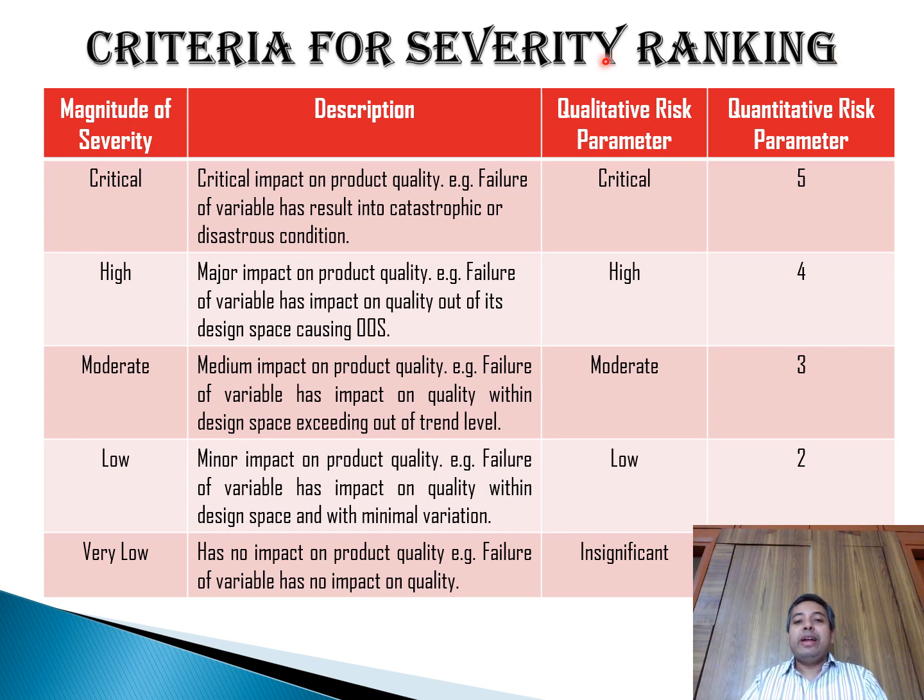Now, severity ranking has been categorized here in five classes. The first one is critical, which means there is a critical impact on product quality. For example, failure of a variable has resulted in a catastrophic or disastrous condition.